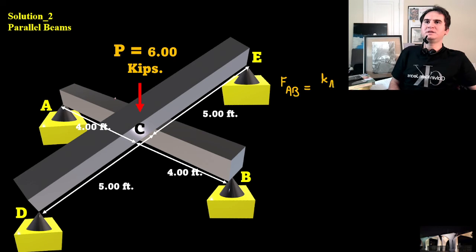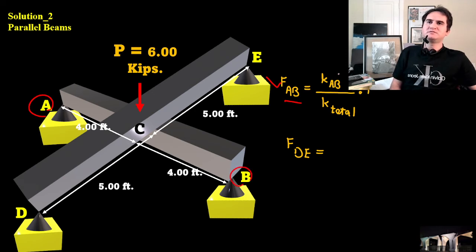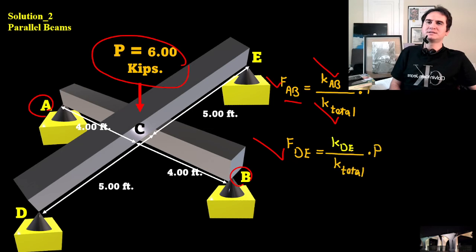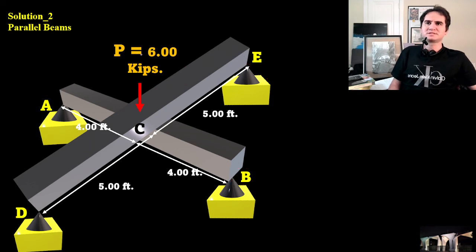Again, in parallel condition, the force on each beam is distributed based on stiffness. FAB is the stiffness of beam AB over the total stiffness times the total force, which is 6 kilopounds, and FDE is the stiffness of beam DE over the total stiffness times the total force.